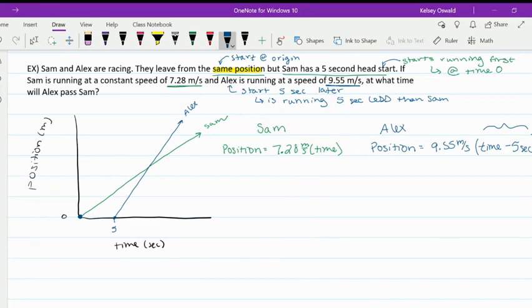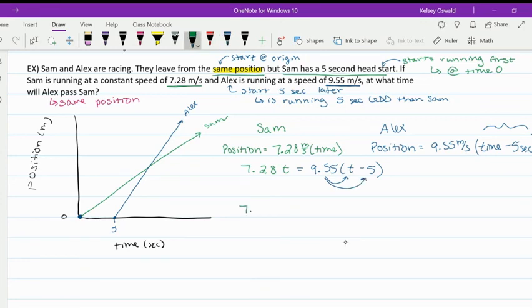Okay. Once we get to this point, we want to find at what time their positions will be the same. And since we want to find where their positions are the same, we can set our two equations equal to one another. So our 7.28 times time is equal to 9.55 times (t minus 5). This one, we're going to have to distribute the 9.55 because we're multiplying it by a quantity in parentheses.